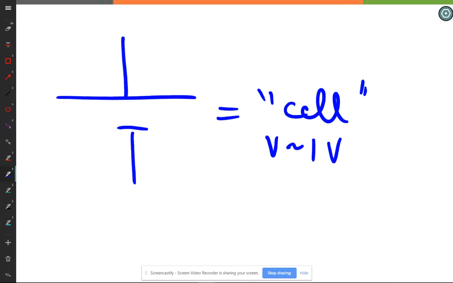If you buy AA batteries, a AA battery is not a battery, it's a cell, first of all. Back when I was a kid, we called things like C cells and D cells, which was correct, but we still said AA batteries. If you look at it, it'll tell you what the voltage is. And if you look at different batteries, you'll see they have different voltages stamped on them.